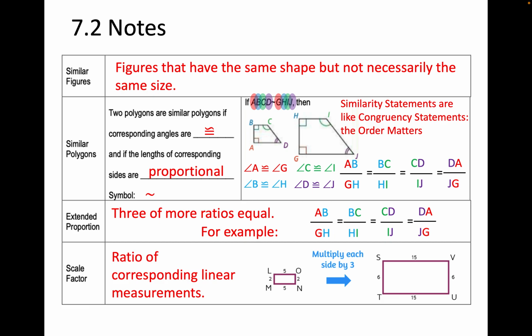I multiplied each of those sides by 3. So we would say that the scale factor of quadrilateral LMNO to quadrilateral STUV is 3, or 3 to 1. For every 3 inches I have on the STUV, I've got only 1 inch on LMNO.